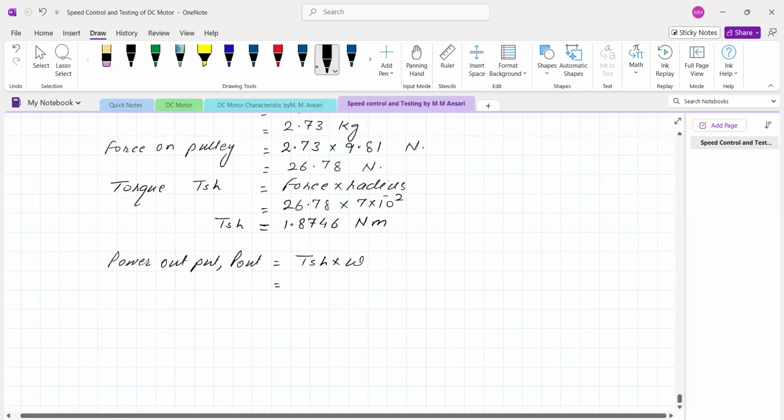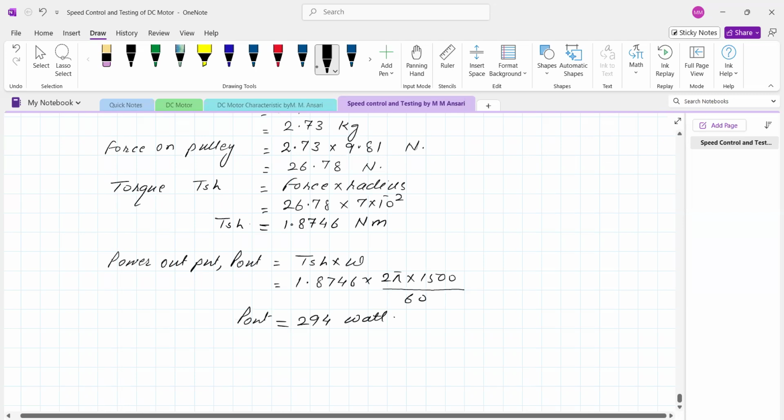So it is equal to 1.8746 into 2 pi into 1500 RPM divided by 60, as omega is in radian per second. So it is 294 watt. This is the power output, P out.